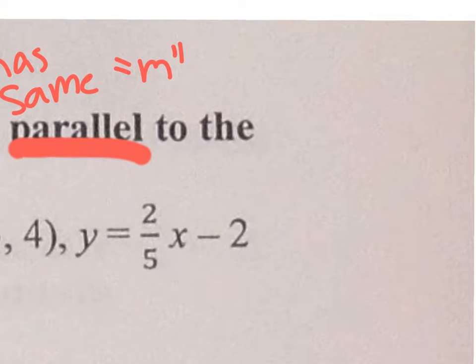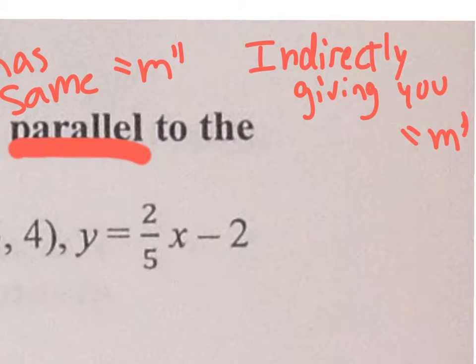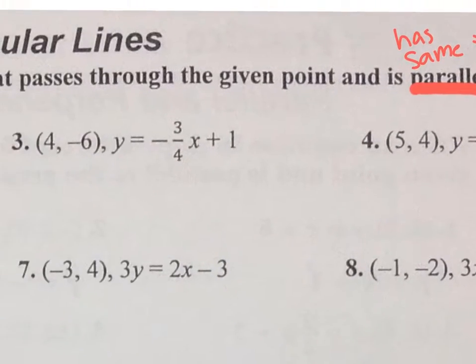Maybe you want to even write that down. Indirectly giving you the M value. That word parallel, that's what it means.